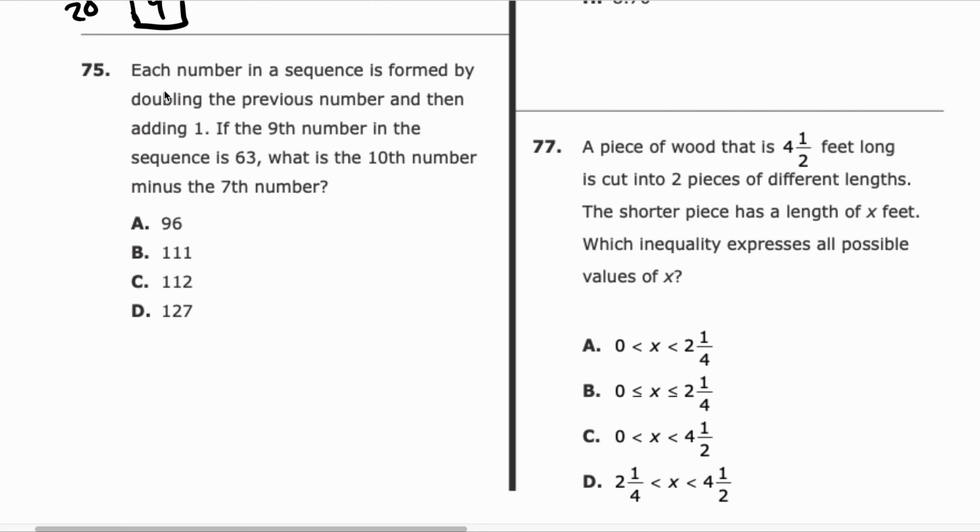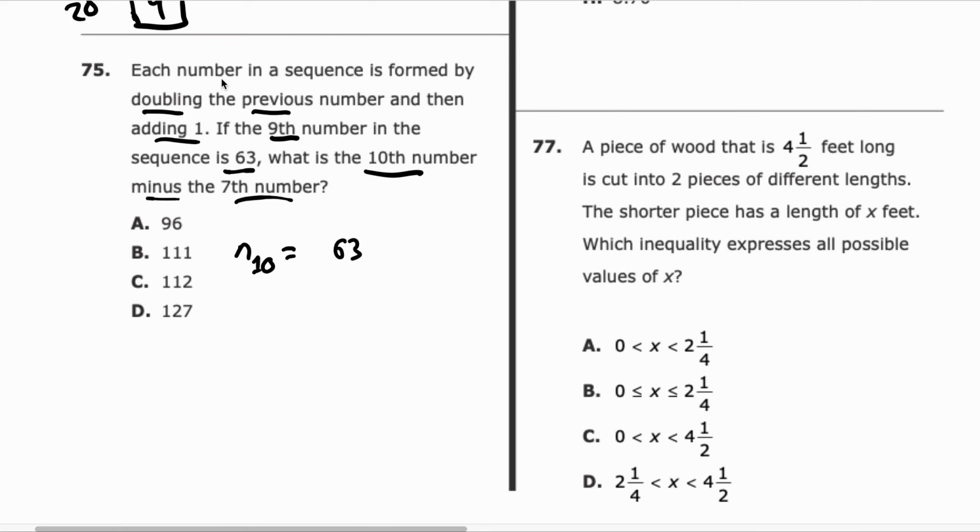Alright. Each number in a sequence is formed by doubling the previous number and then adding 1. If the 9th number in the sequence is 63, what is the 10th number minus the 7th number? Alright, so let's find the 10th number first. So I'm going to label that as n sub 10 for the 10th number. So we know that the 9th number is 63.